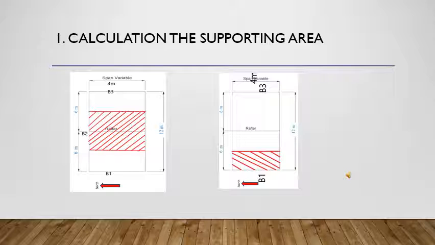The first step is to calculate the support area. This is related to the load-bearing area in intermediate rafters and end rafters. Additionally, the purlin spacing decided previously should be used in this design.